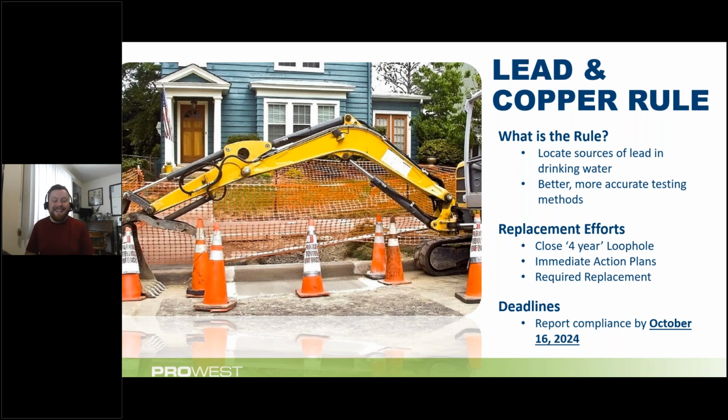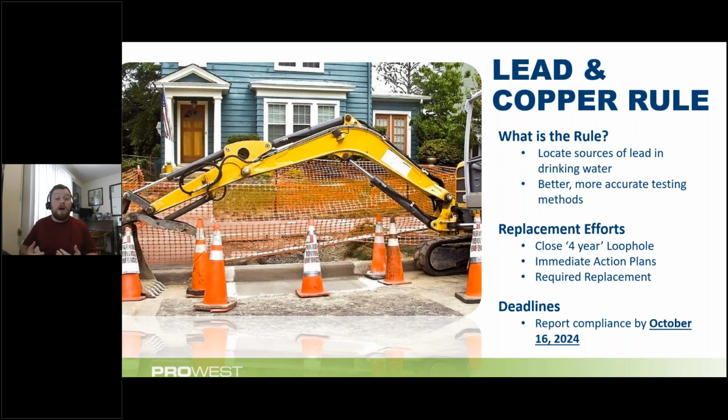It's a very unique law in that it's been around for quite a while, but it recently got an update, which is why we're talking here today. So what is this rule? It's meant to locate sources of lead in drinking water. Of course, that's a very big public health issue that we want to be able to take care of.